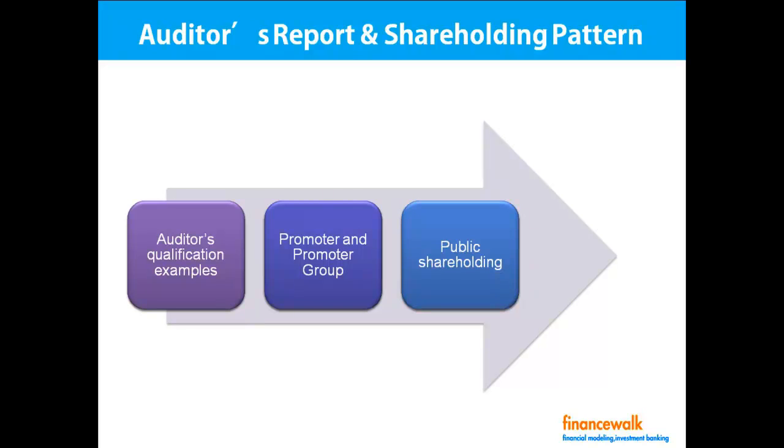In shareholding pattern statement, you will find public shareholding also. So public shareholding includes institutions, that is mutual funds, UTI, FIs, banks and FIIs, that is foreign institutional investors, and insurance companies. And the second part would be non-institutions, that is bodies corporate, individuals, NRIs, OCBs and trusts.